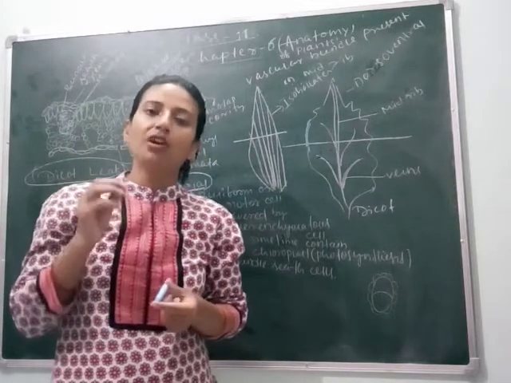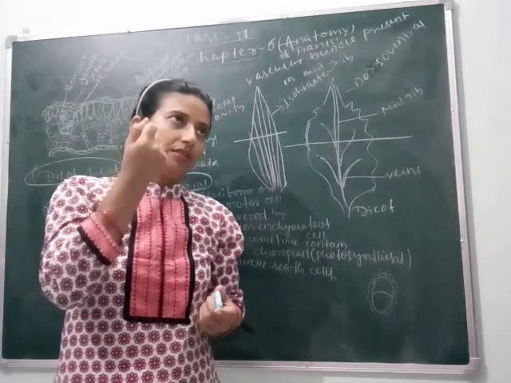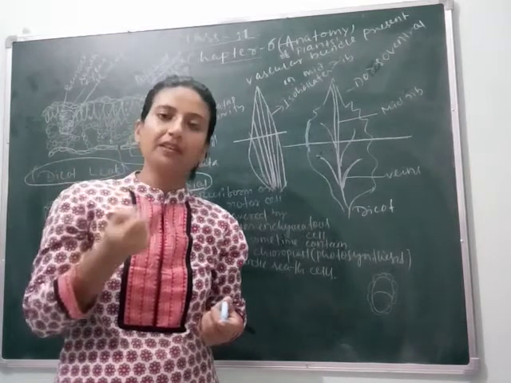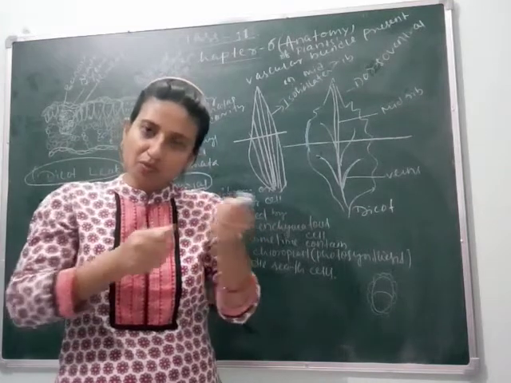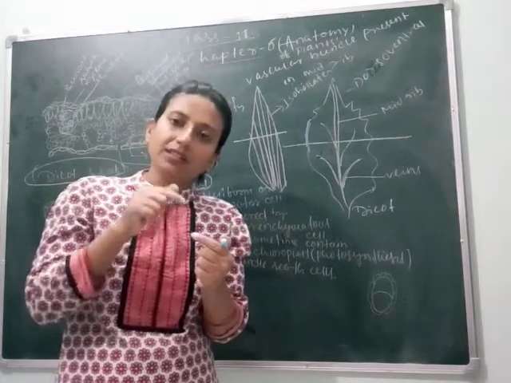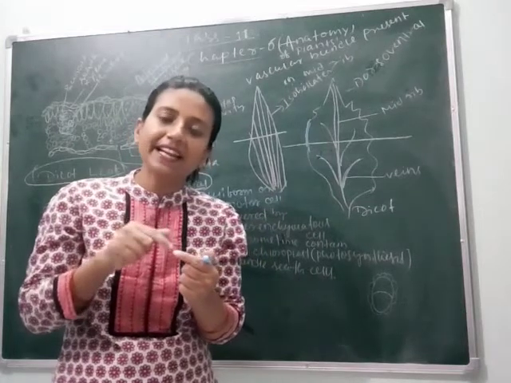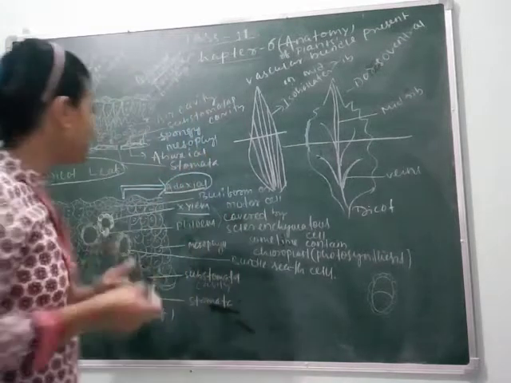If you hold a monocot leaf and try to stretch it, it is more rigid than a dicot leaf. This is because their cap is made up of sclerenchymatous cells. That's why.